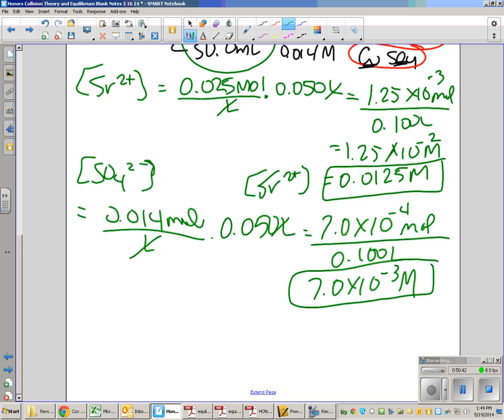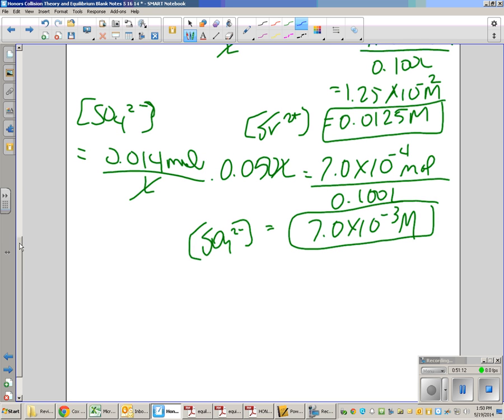I'll go back and trace you through it. These are the 2 ion concentrations you plug back into the Q. And then you look at the Q and say, is this number bigger than KSP, yes or no? So these 2 numbers I'm plugging into my Q expression. My Q expression is the same as the KSP expression, just strontium times sulfate.